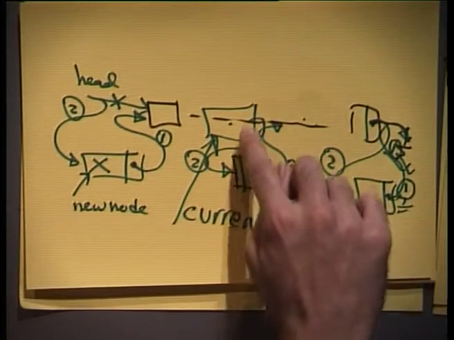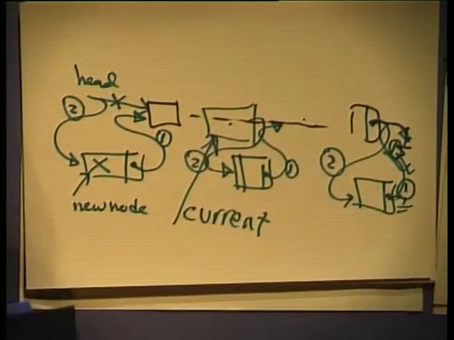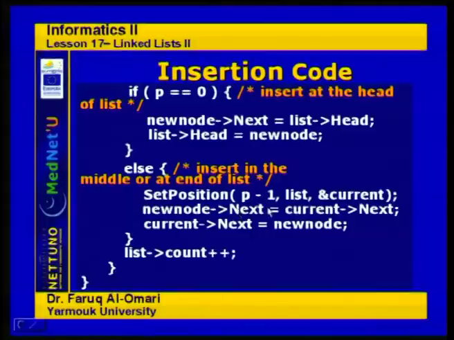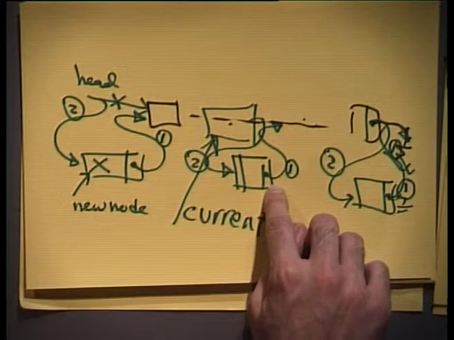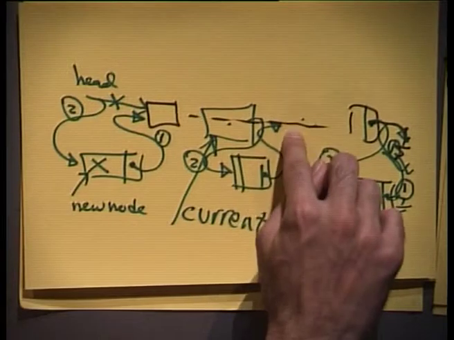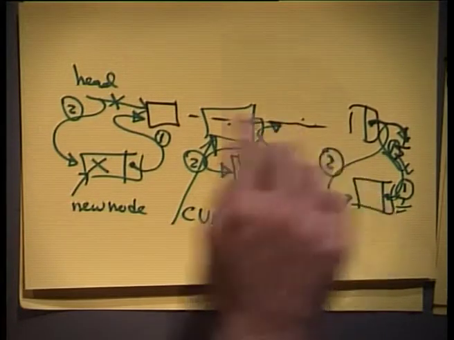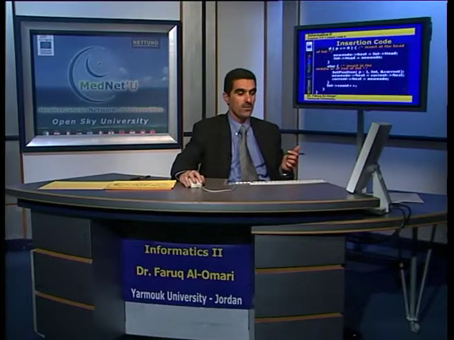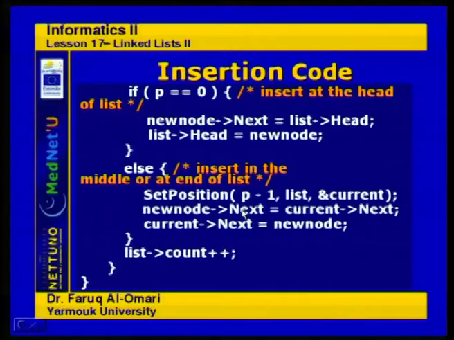So whatever this is pointing to, and that says new node arrow next equals current arrow next. So please make the new node arrow next, this pointer, point to whatever this node is pointing to, as a matter of fact. Okay? And that's basically what we do in here. So this is step number 2 in the process. This is step number 1, step number 2.